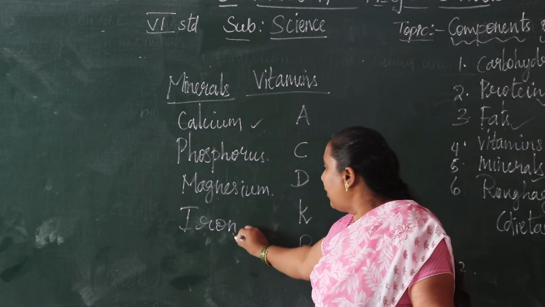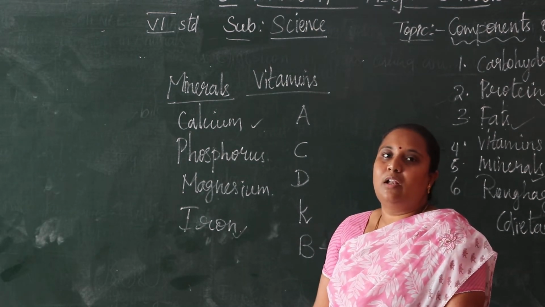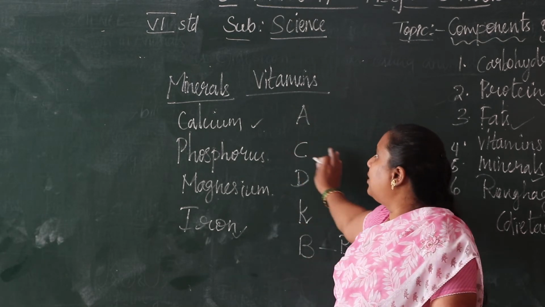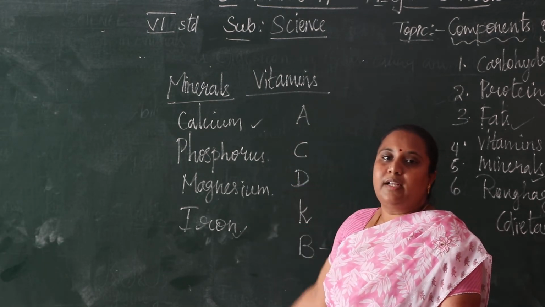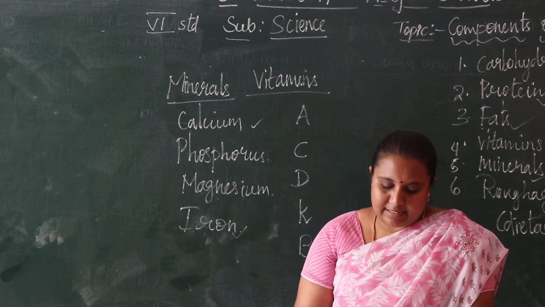Deficiency of iron gives us anemic diseases, loss of blood. So with a loss of these vitamins and minerals, we are getting diseases. Let us see what type of diseases.